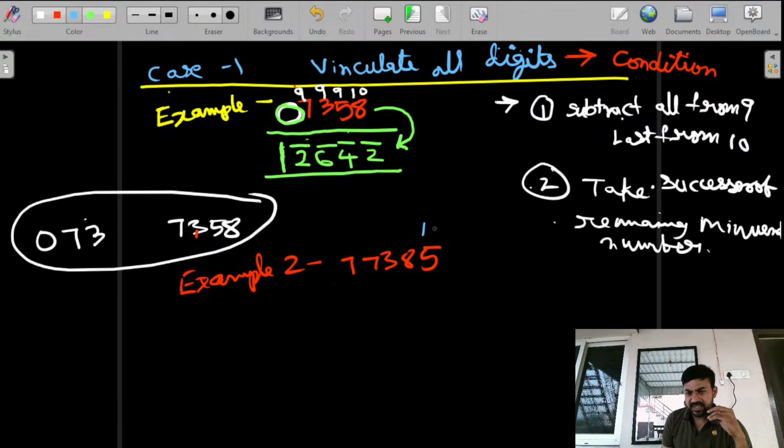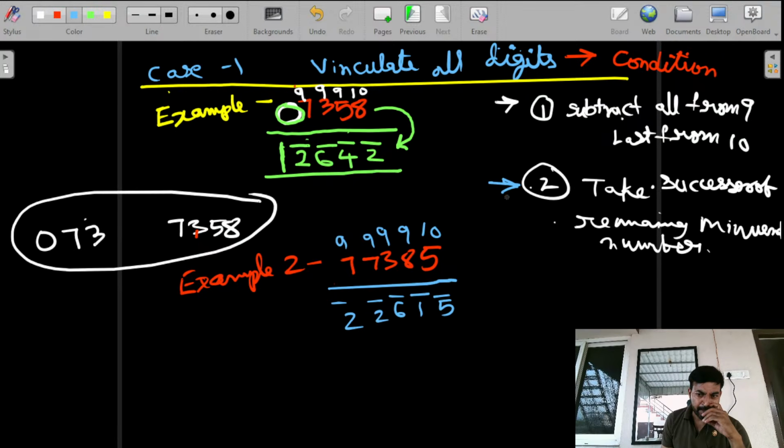Apply all from 9, first step, apply all from 9, last from 10, that's it. Bar 5, 9 minus 8 bar 1, 9 minus 3 bar 6, 9 minus 7 bar 2, 9 minus 7 again bar 2. So where do we take the successor?